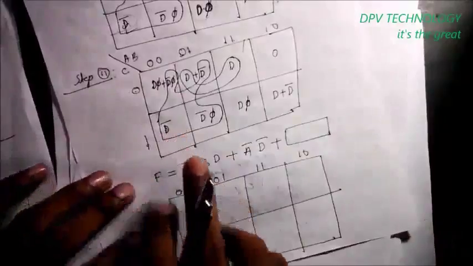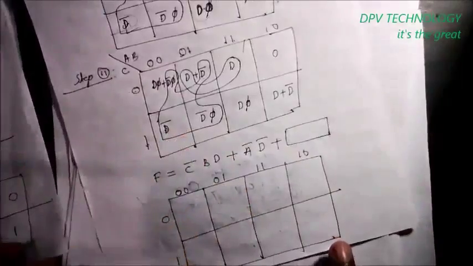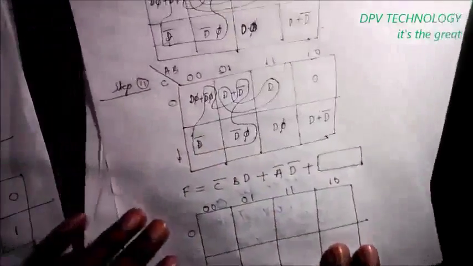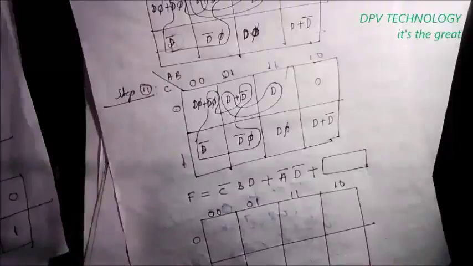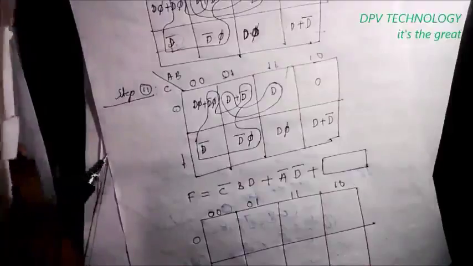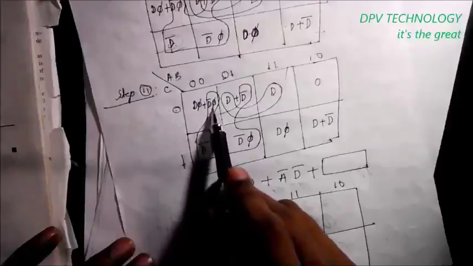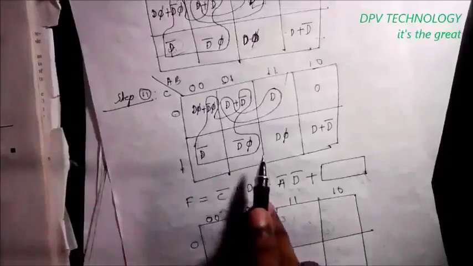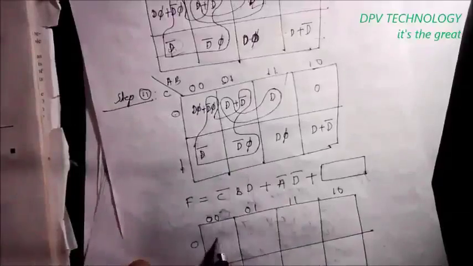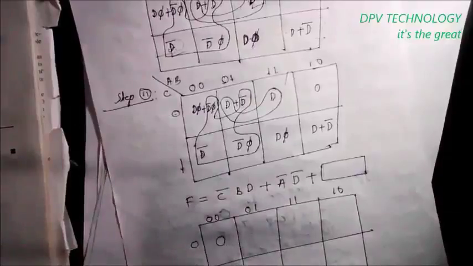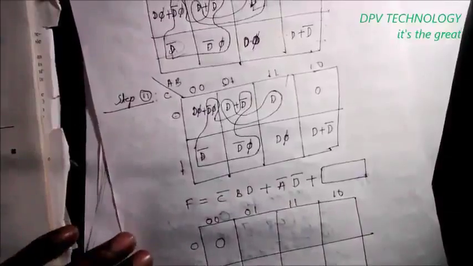It is not complete. With the second table it will be completed. So in the rules it is given that when you get D don't care or D bar don't care in the second table, it will automatically become 0, so put 0 here.